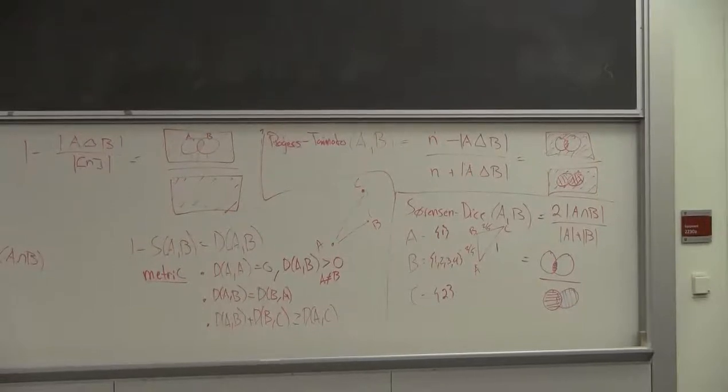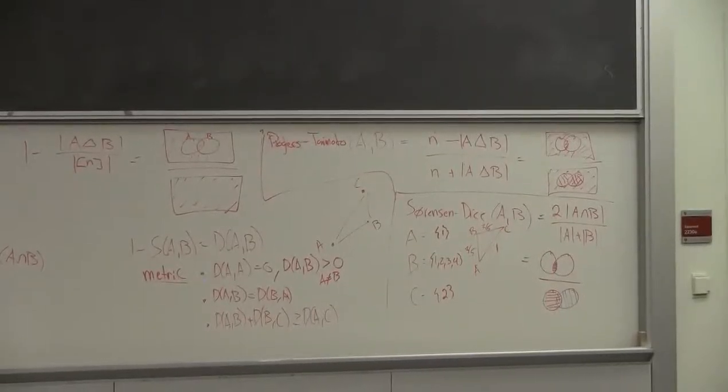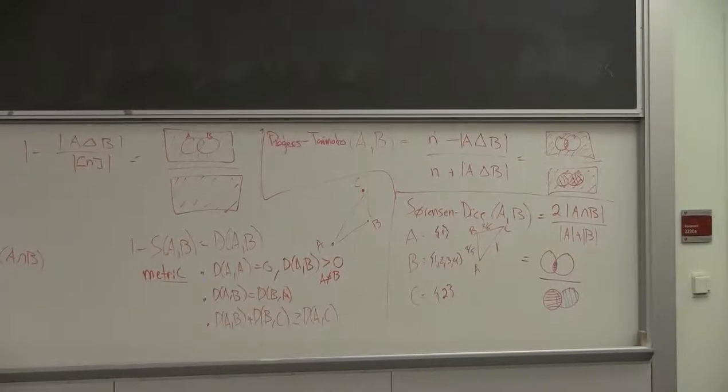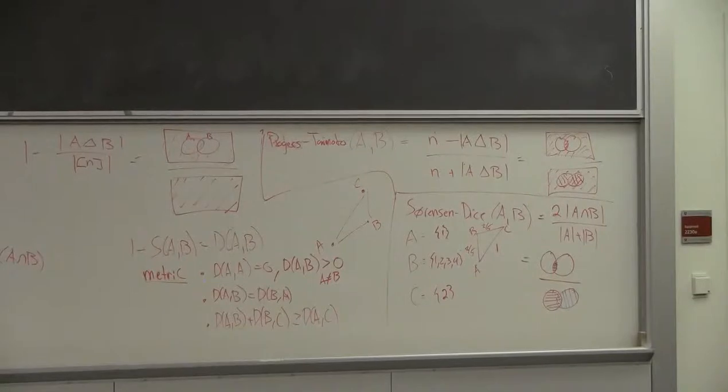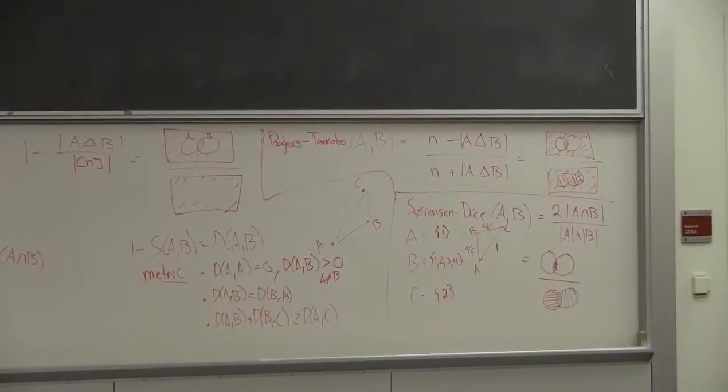The union is not so hard, right? If I know the intersection and I know the total number in A and B, then the union is pretty easy to do because it's going to be the total number in A plus the total number in B minus the intersection. So I need to calculate this intersection quickly somehow. But this seems hard to do with really large sets. I don't want to have to scan over all the elements in the set. That's going to be a very time-consuming process.